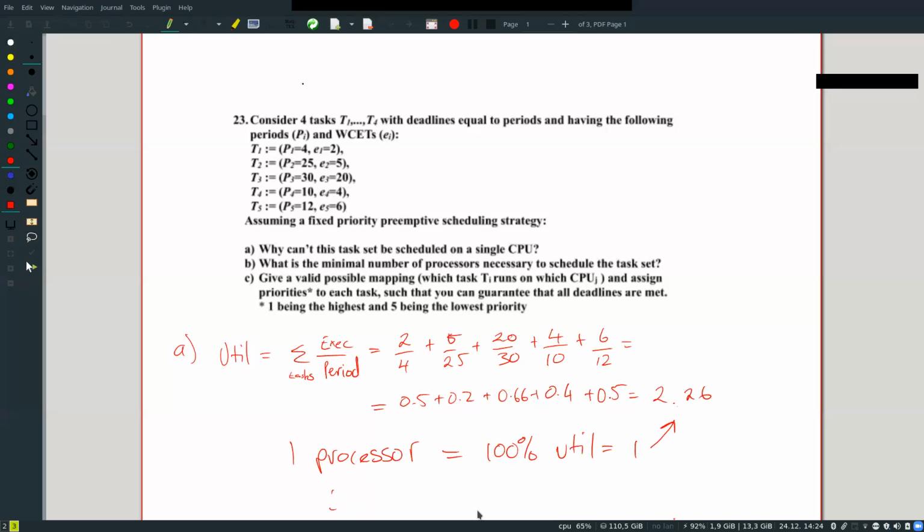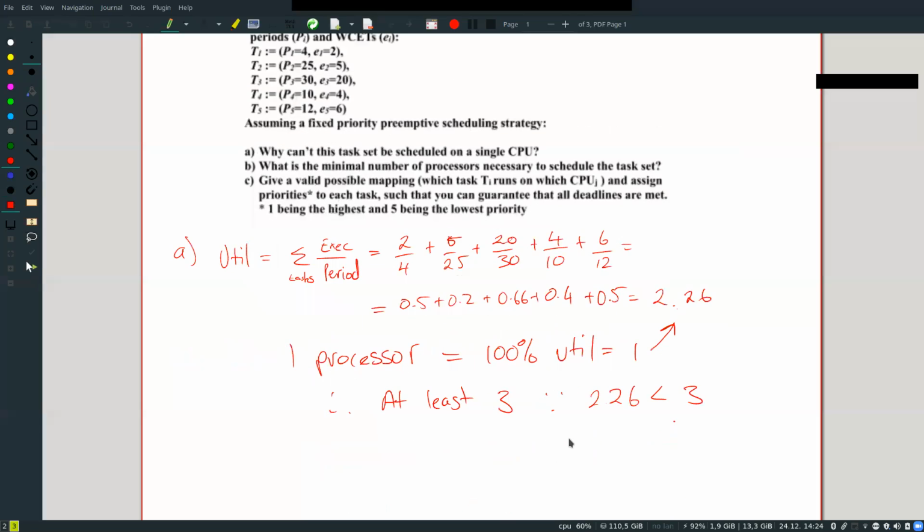So therefore, we need at least 3, because 2.26 must be less than 3, right? So that's the first question. Why can't it? Well, this here is, for instance, Y, and then this is what is the minimum number of processors? This is B. So Y is not, because it's greater than 1. And so this is greater than 1, therefore not schedulable with 1 CPU.